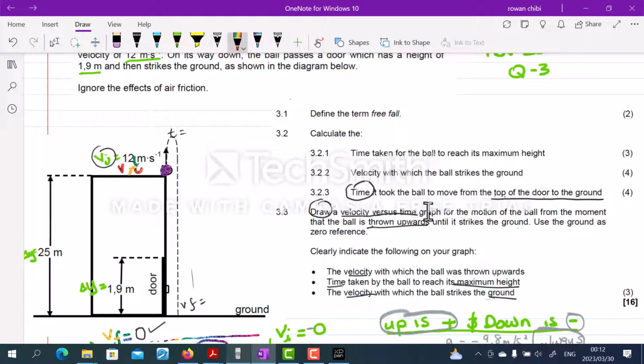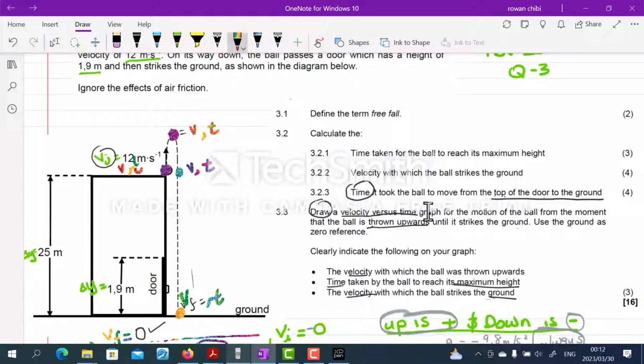When the ball reached that point, what was the velocity, what was the time? When the ball comes down and reaches this point, what is v and what is time? That's how you plot your graphs. So you need 4 coordinates, 4 points.